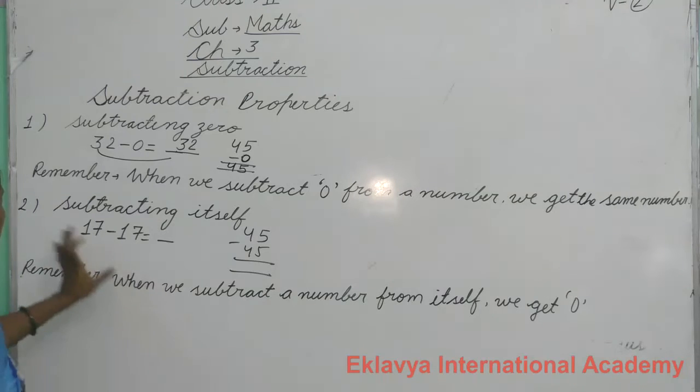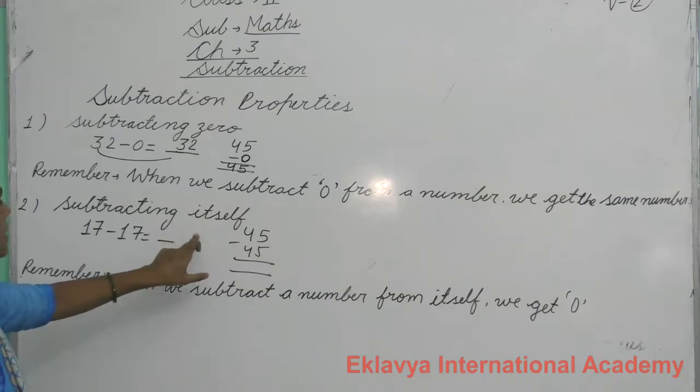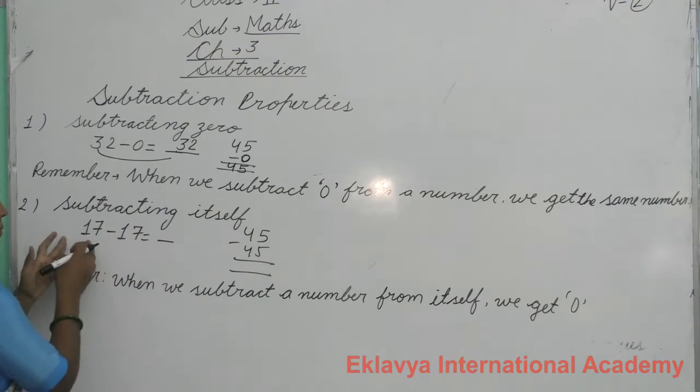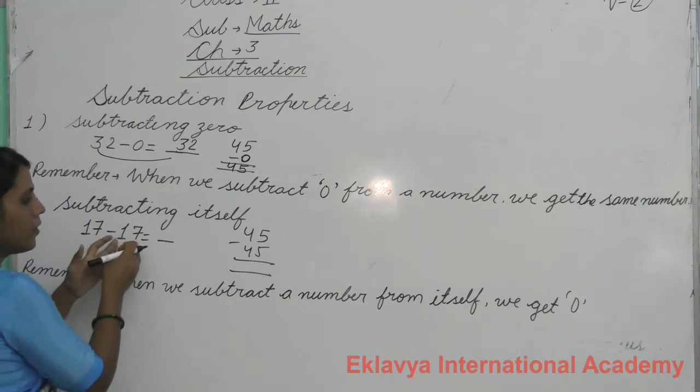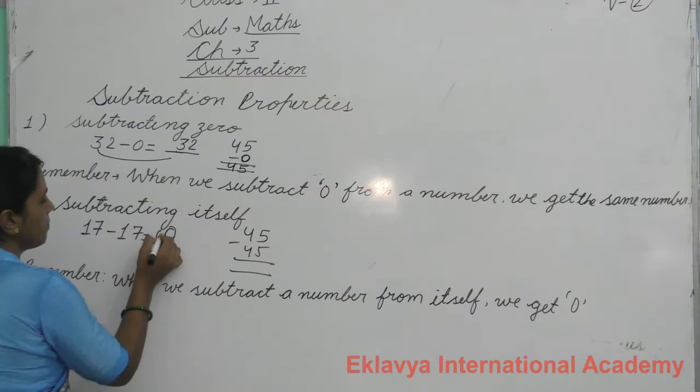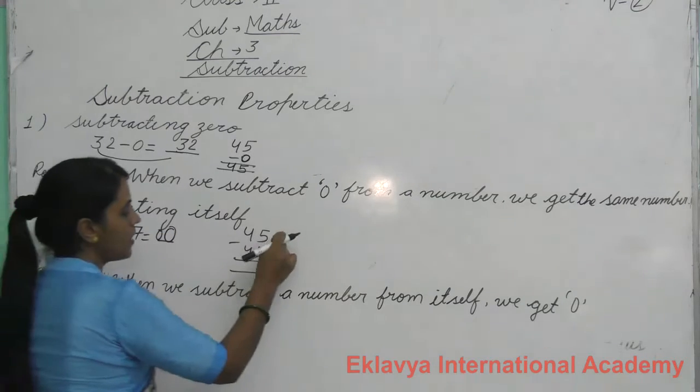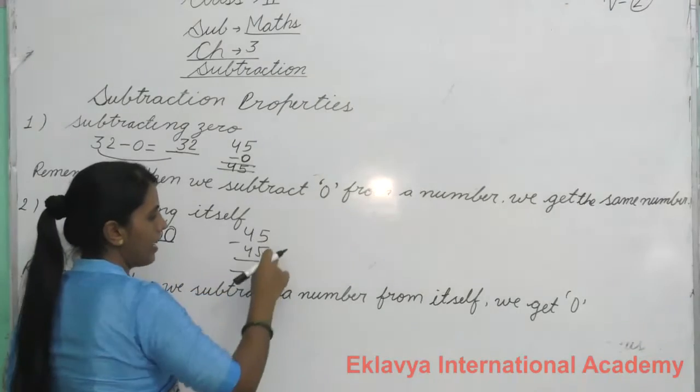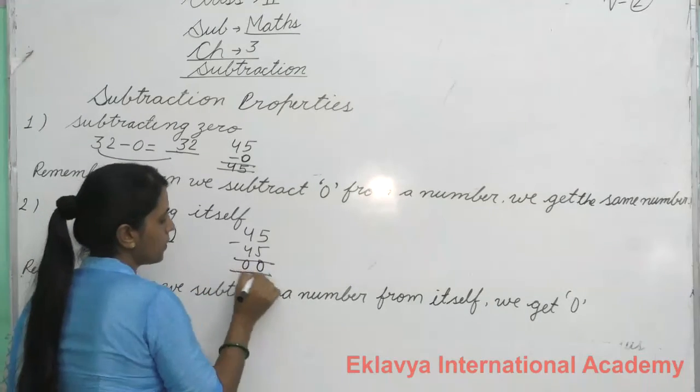Yes, students, we are talking about the itself property. When we subtract a number from itself, we will get 0. Okay? When we subtract a number from itself, we will get 0.